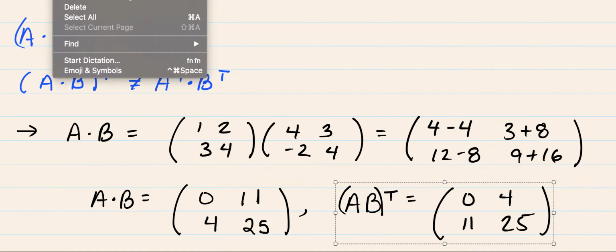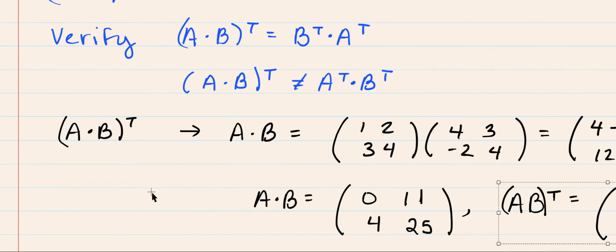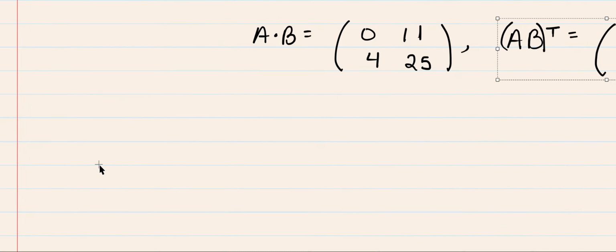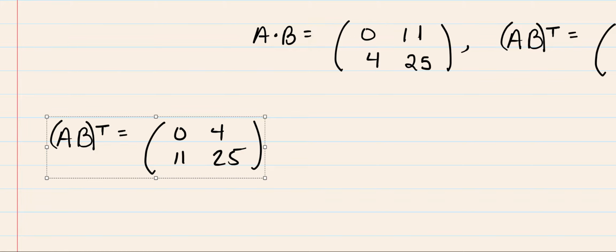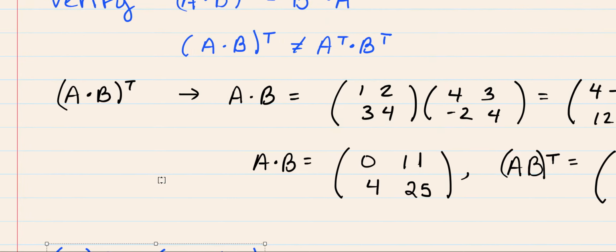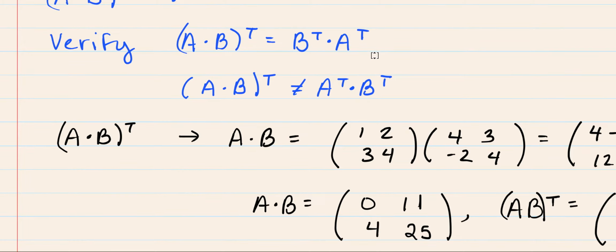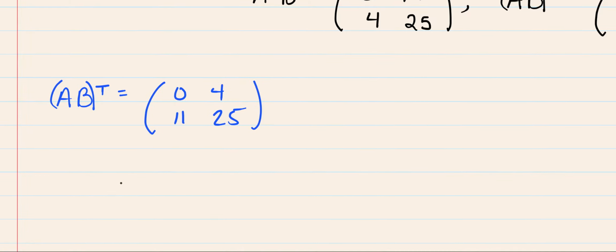I'm going to put that down here. Let's put it in blue. Now, first I want to verify that this is equal to B transpose times A transpose. So let's find B transpose, and then let's find A transpose, and then multiply them together.